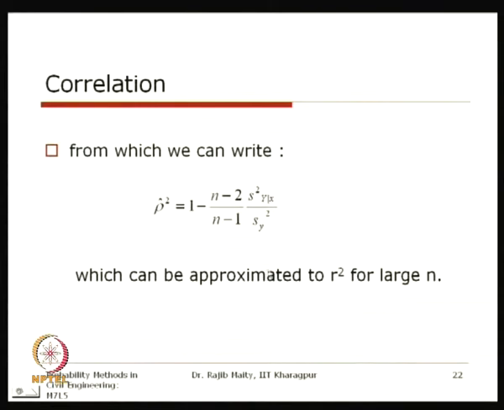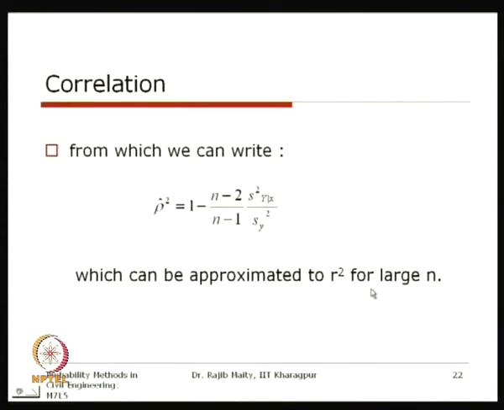This is the final expression, which can be approximated. For any n, if we consider this factor to be multiplied, it can be approximated to r square for large n.